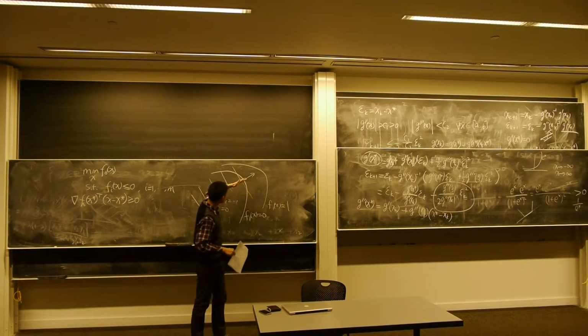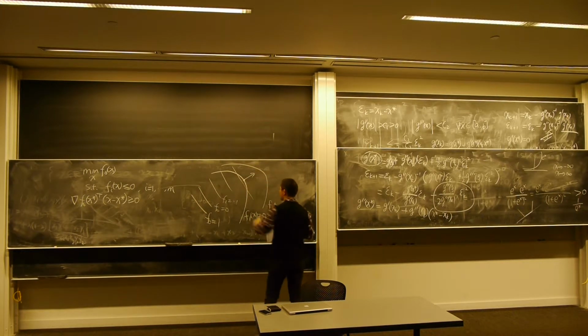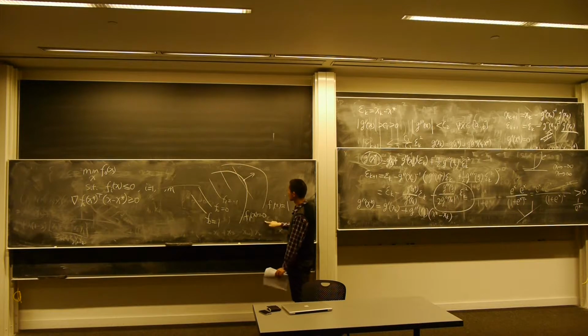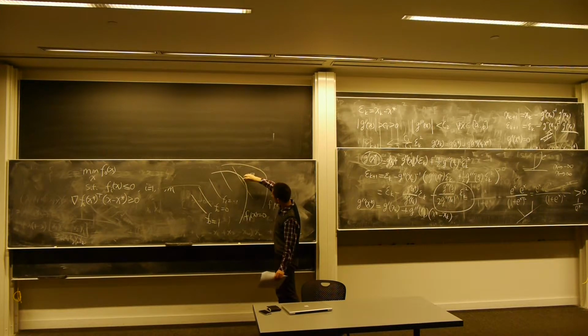But what happens is that its gradient collides with the gradient of the constraint function. Judging from the shape, this is f1 x equals to 1, this is f1 x equals to 0. You probably say that the gradient of the constraint function also looks like this.